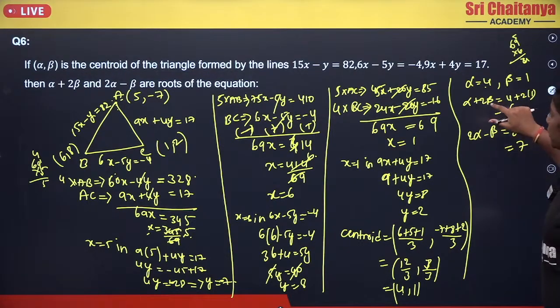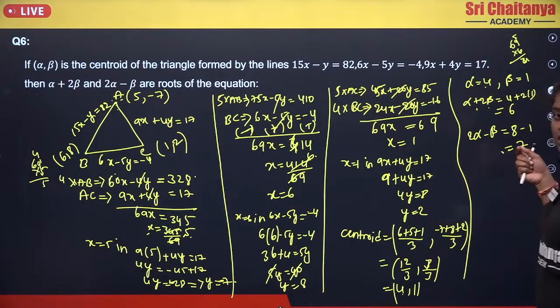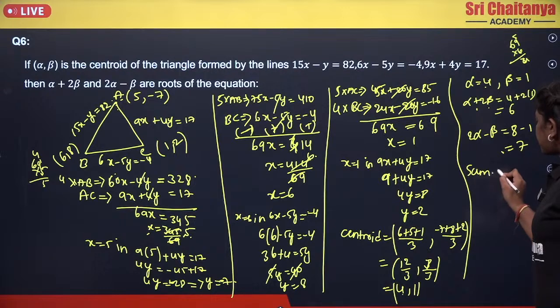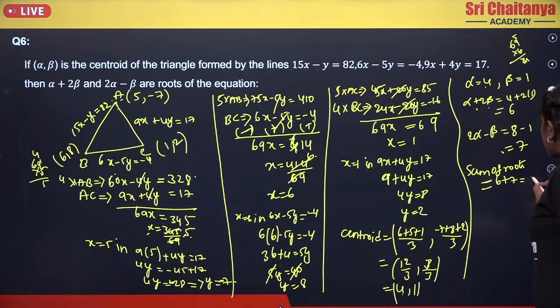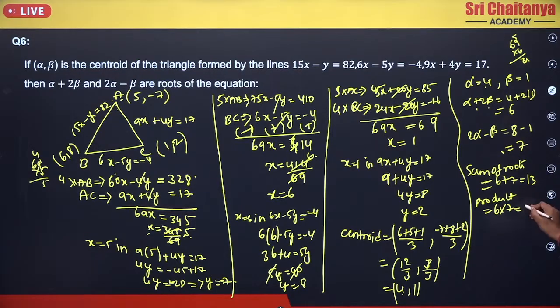Now these two are the roots. Alpha plus 2 beta is one of the roots and 2 alpha minus beta is the other root. Now we need to find the equation that has these two roots. Now find the sum and product of roots. Sum of roots equals 6 plus 7, which equals 13, and product of roots equals 6 into 7, which is 6 sevens are 42.